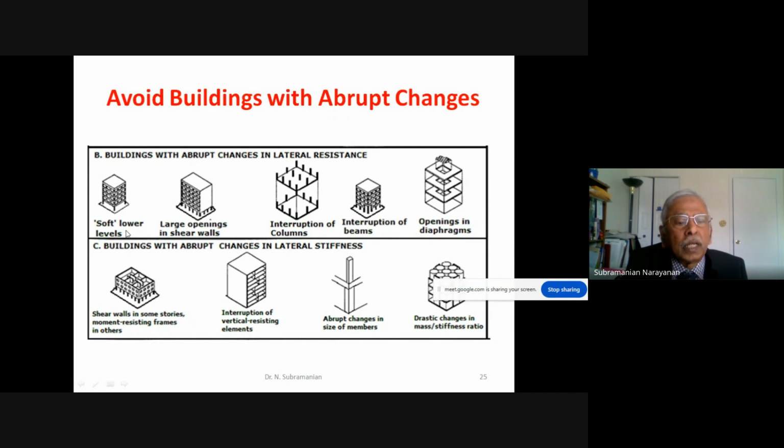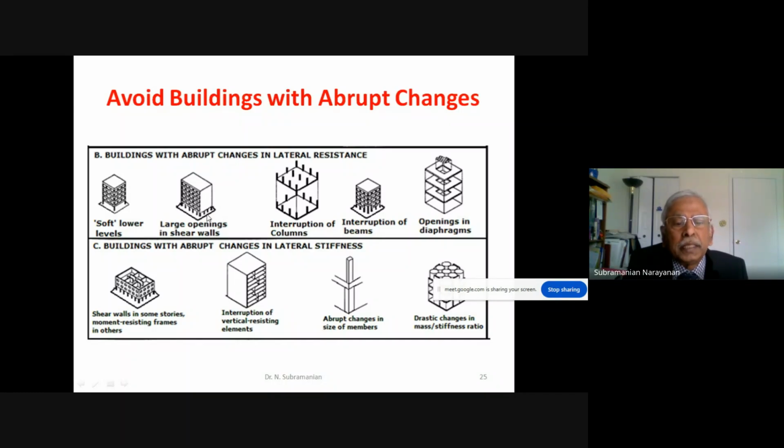So soft lower levels, of course, this is very bad. In most of the metropolis, we see buildings with soft lower levels in order to have car parks, but they have to be properly designed, or we should have some shear walls in the ground floor so that the stiffness is not varied.